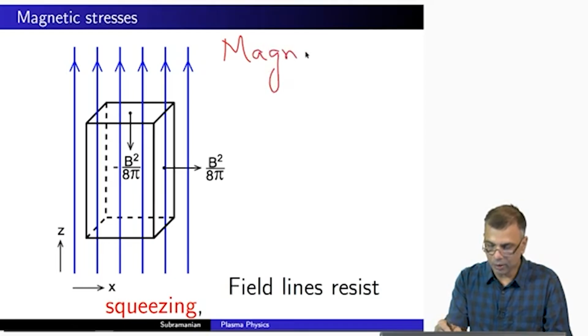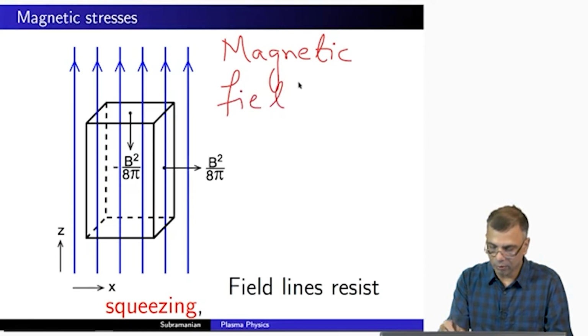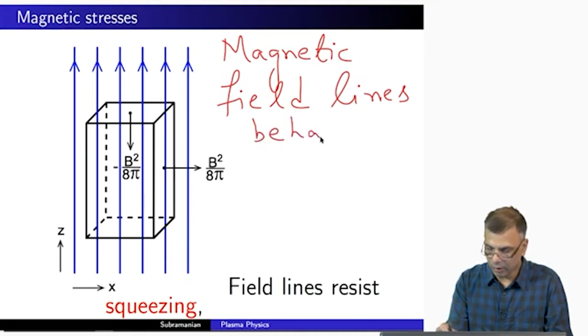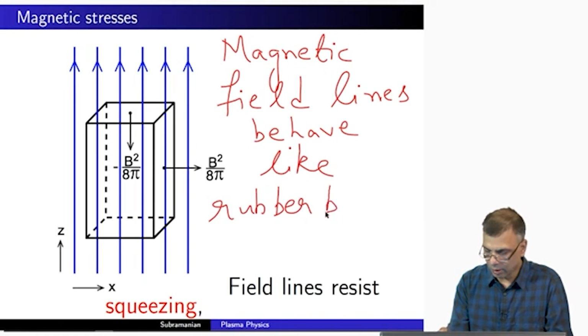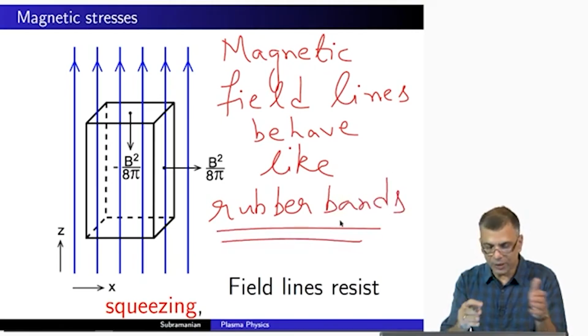Magnetic field lines behave like rubber bands.